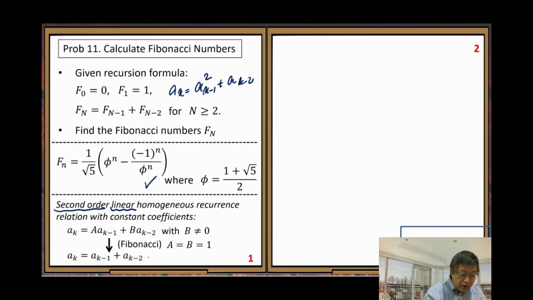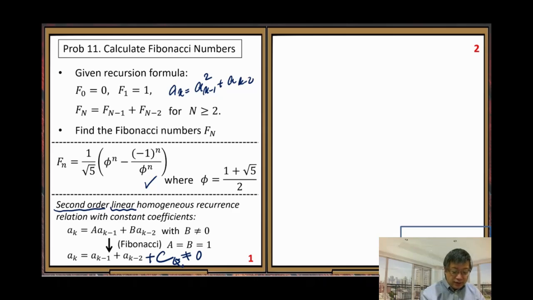If I add another constant, C, then it becomes non-homogeneous. The reason is because you have a non-sequence term, right? If we have a non-zero constant term, this C, then it becomes non-homogeneous. That simple.